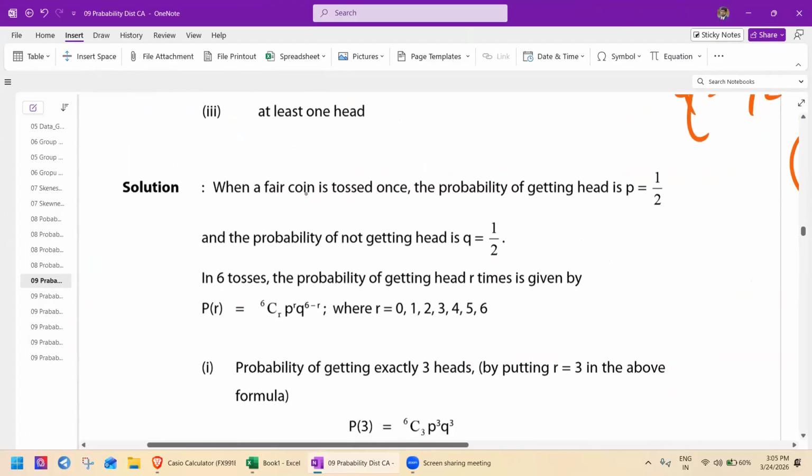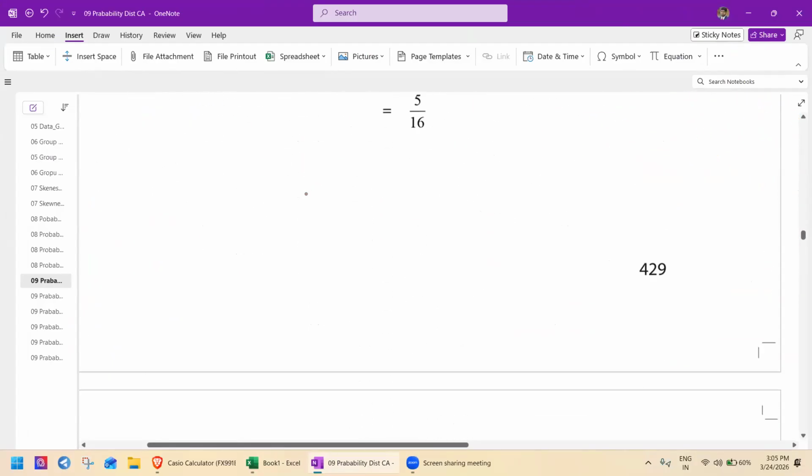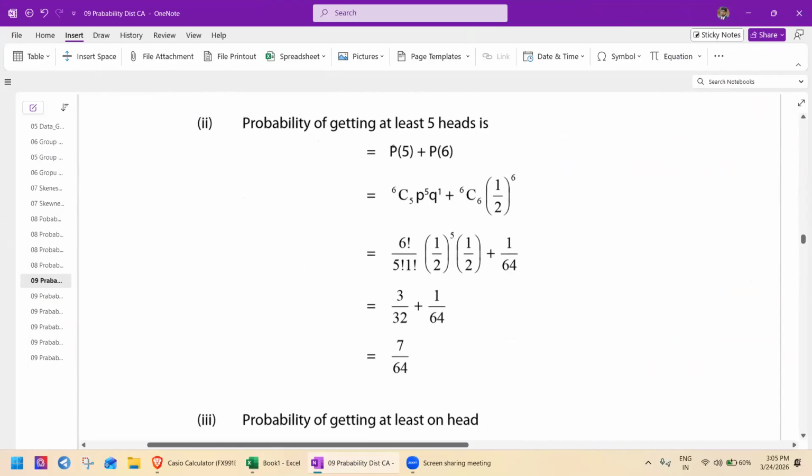Now let us check the answer. Probability of getting at least 5 heads. So we need to calculate. We win if we get 5 heads. We will get 6 heads. Both instances we win. So here the answer is 7/64.